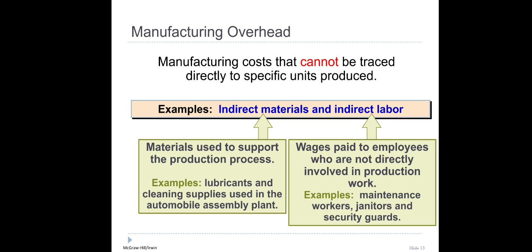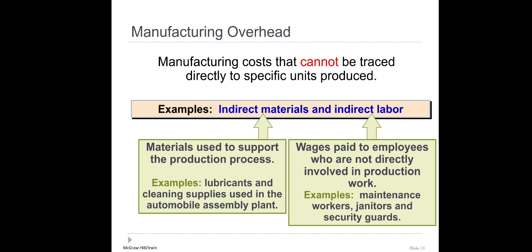So the typical examples of manufacturing overhead, like this. Manufacturing overhead costs can be divided into 3 categories. The first one is indirect material. The second category is indirect labor. The third category is other costs.